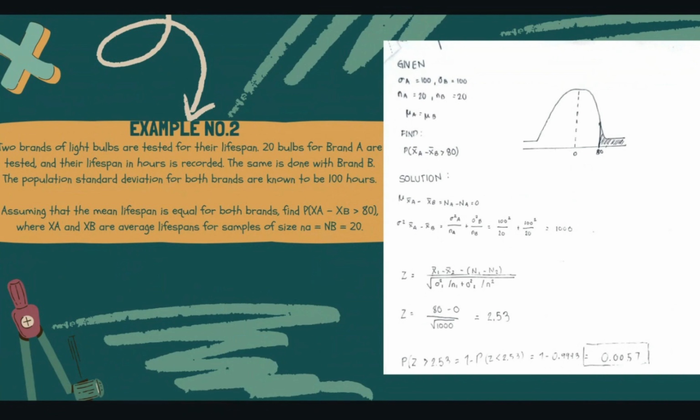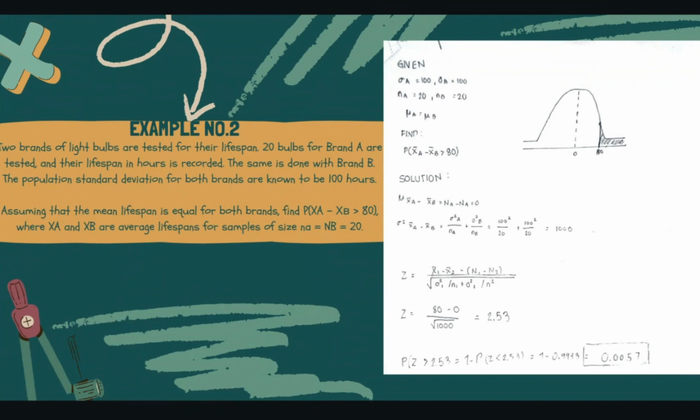To calculate the z-score, which tells us how far our value is from what we expected in terms of standard error: the difference we care about, which is 80, minus the expected difference, which is 0, all divided by the standard error. So 80 minus 0 is 80. 80 divided by square root of 1000 is approximately 2.53. So our z-score is 2.53.